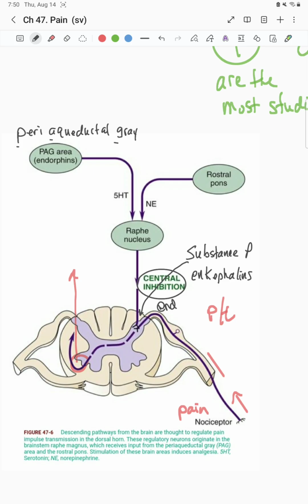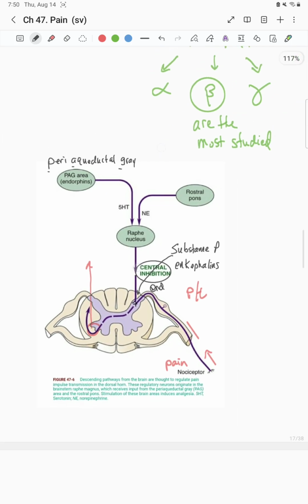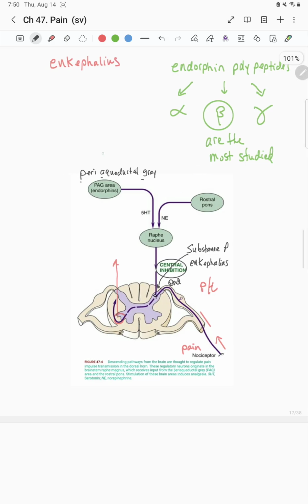And the endorphins, which we just talked about here, so enkephalins, endorphins, alpha, beta, or gamma, these are our natural opioids, are released.